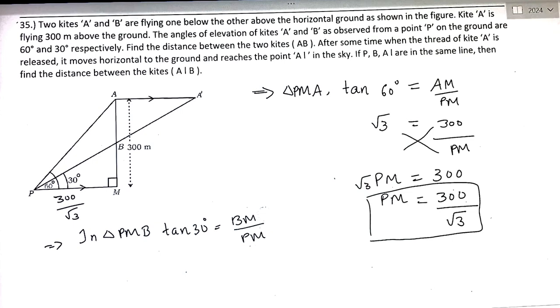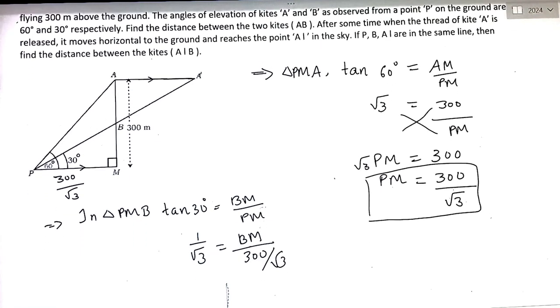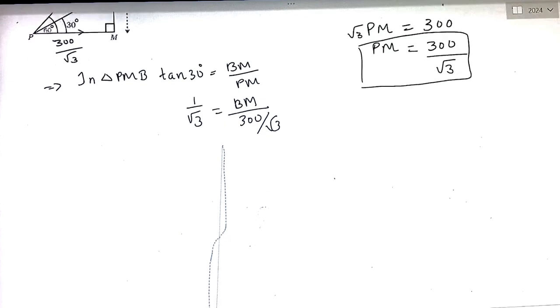What is the value of tan 30? It is nothing but 1 by root 3. What is the value of BM? We do not know, write it as it is. What is the value of PM? We have just found out. PM is nothing but 300 by root 3.